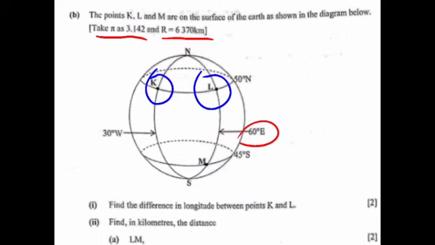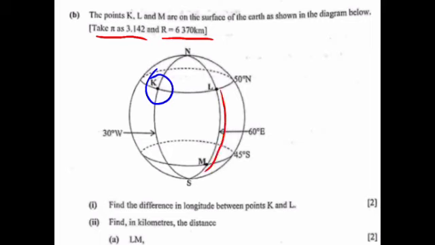Find in kilometers the distance LM. So let's look at the distance they're talking about. L is exactly here and M is here, meaning we're calculating this distance from there to there.